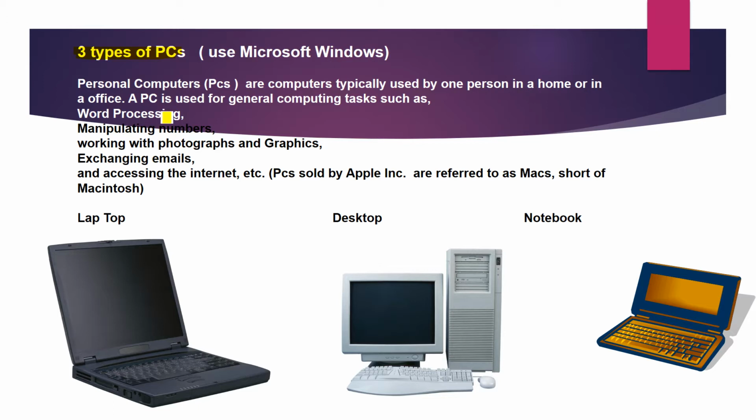A PC is used for general computing tasks such as word processing, meaning if you want to write a document, calculate something, make a graph or photographs, check your emails, make some accounts, or use the internet, you can use the PC. So manipulating numbers, MS Word, Excel, PowerPoint, Access, Internet, you can use these features in the PC.